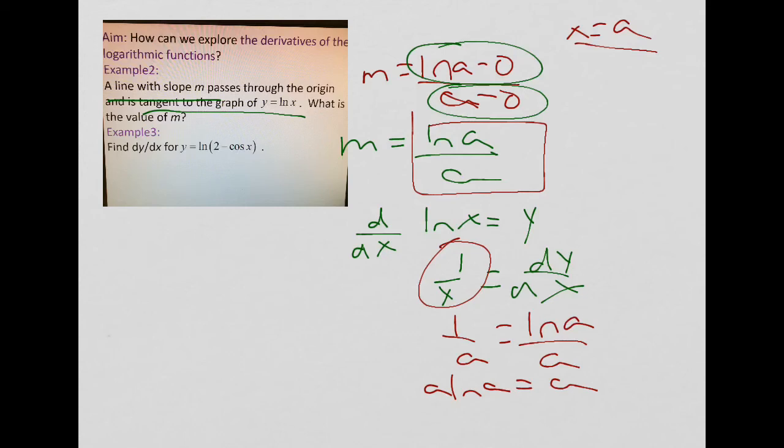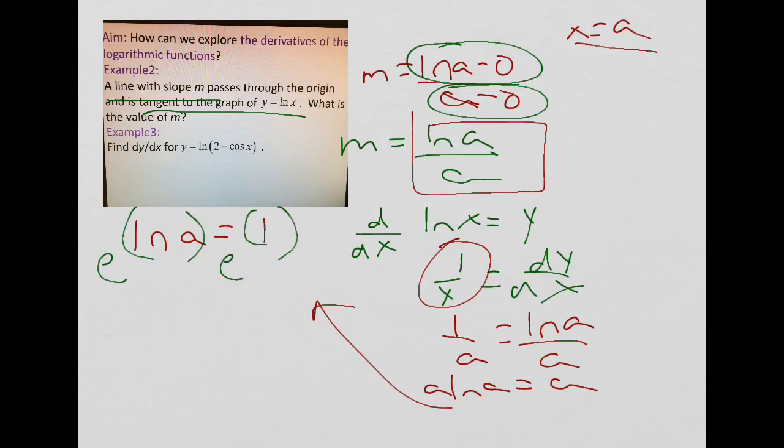Now, this is a logarithm, so we can continue to solve with logs. Actually, I'm going to divide both sides by a, so this equals 1. So if you have e and you raise it to the ln of a, you do the same thing with the 1, so it's e to the first. This gives you a, and this gives you e. So the x value is actually e.